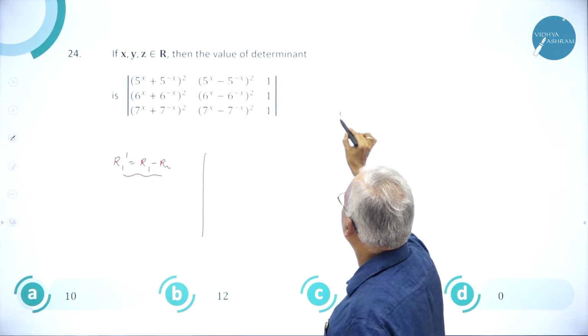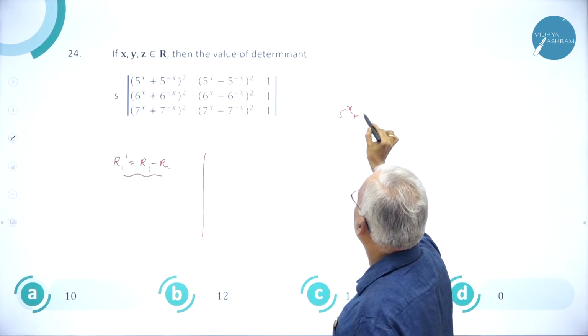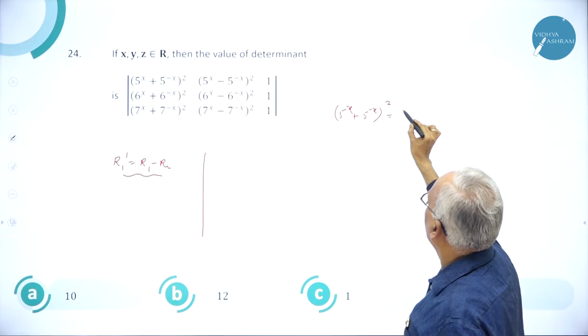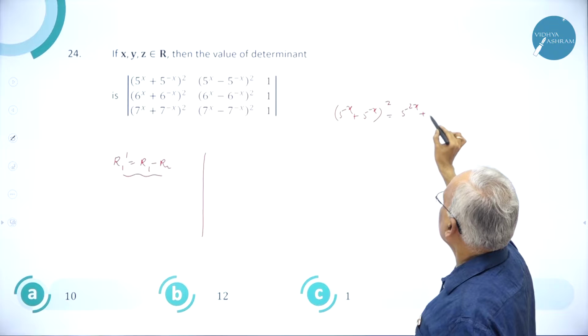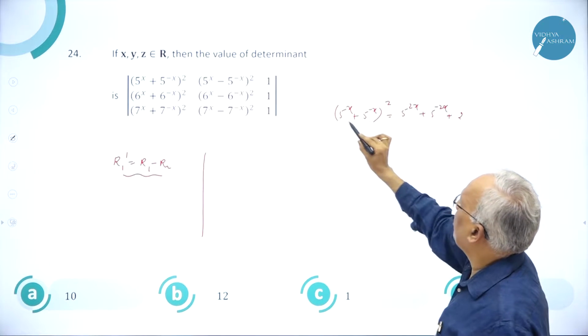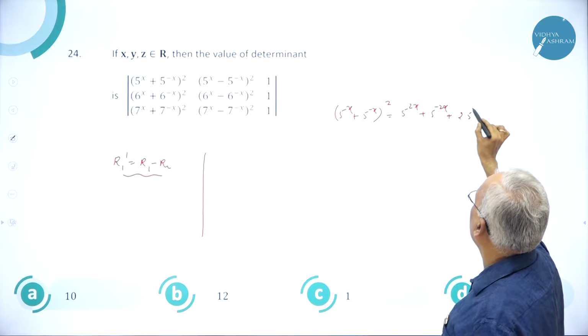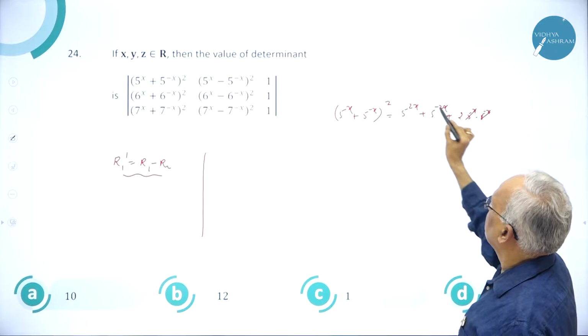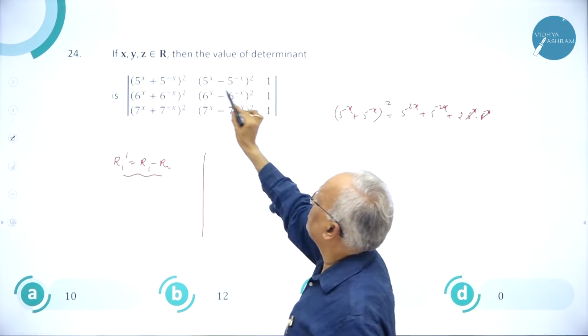I just write here separately: 5 power x plus 5 power minus x whole squared is equal to 5 to the power of 2x plus 5 to the power of minus 2x plus 2 into 5 power x into 5 power minus x. They are reciprocals to each other, you should know. So this cancels, you get 2. So this is 2. And same way, this is minus 2.